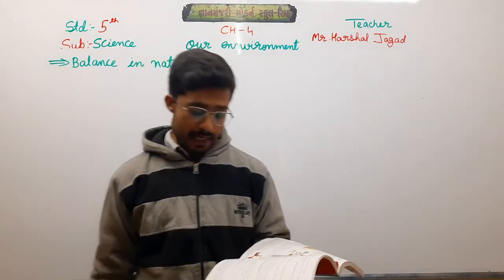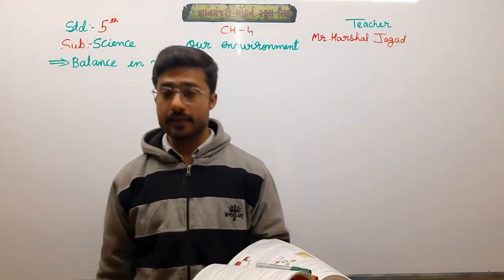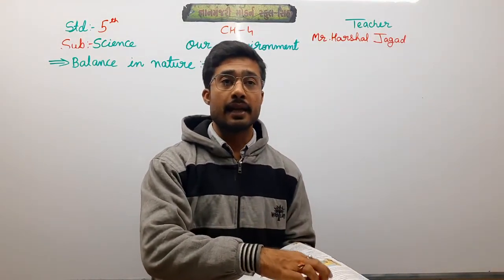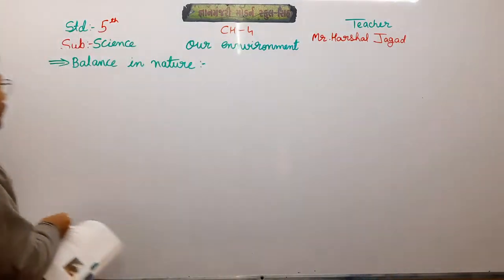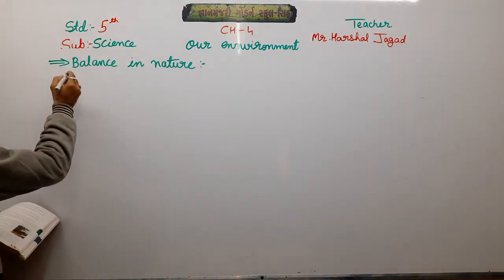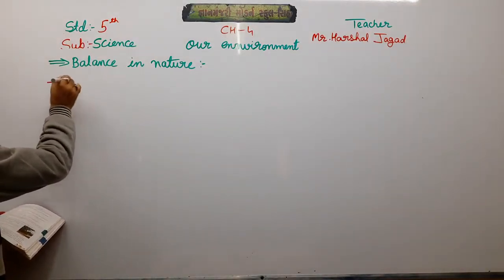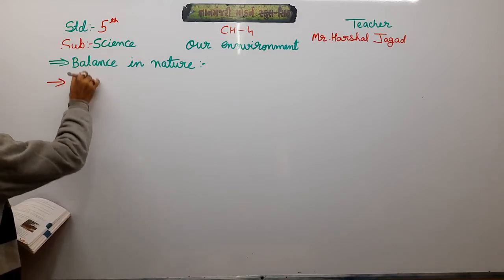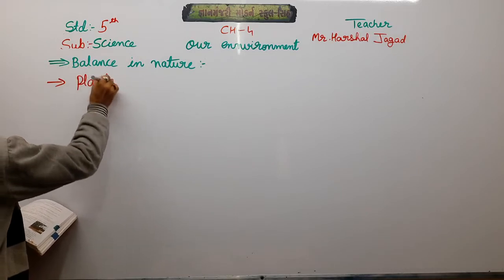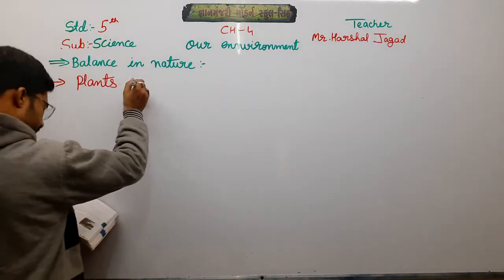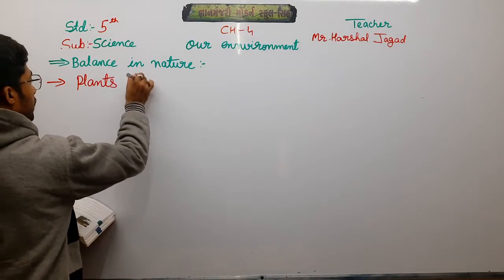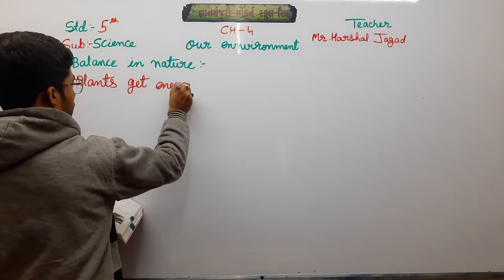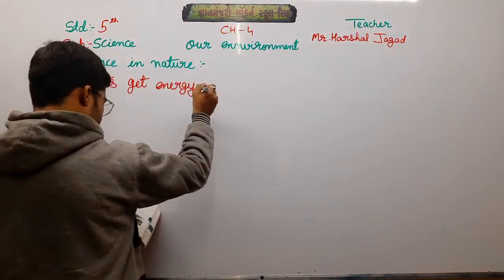That is, you know that plants get energy from sun. सबसे पहले हम पॉइंट वाइज ये लिखते जाते हैं. First, plants get energy from sun.